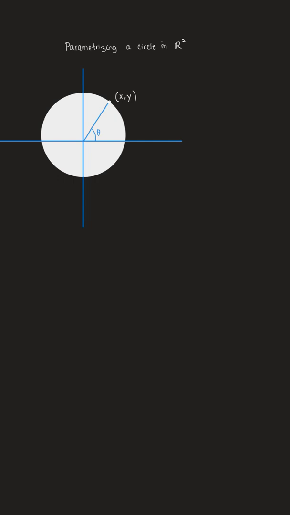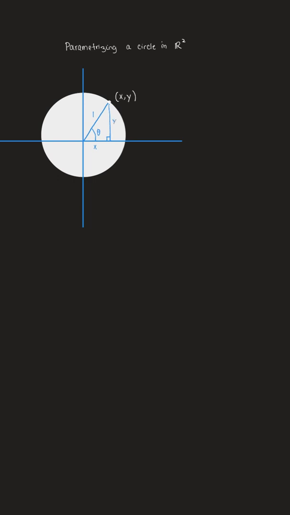So let's think about the trig relationships that we have here. If we inscribe a right triangle into, let's suppose that this is a unit circle for now, there's our unit circle, the radius is 1. This horizontal length from the origin to this point is x, and the vertical length is y.